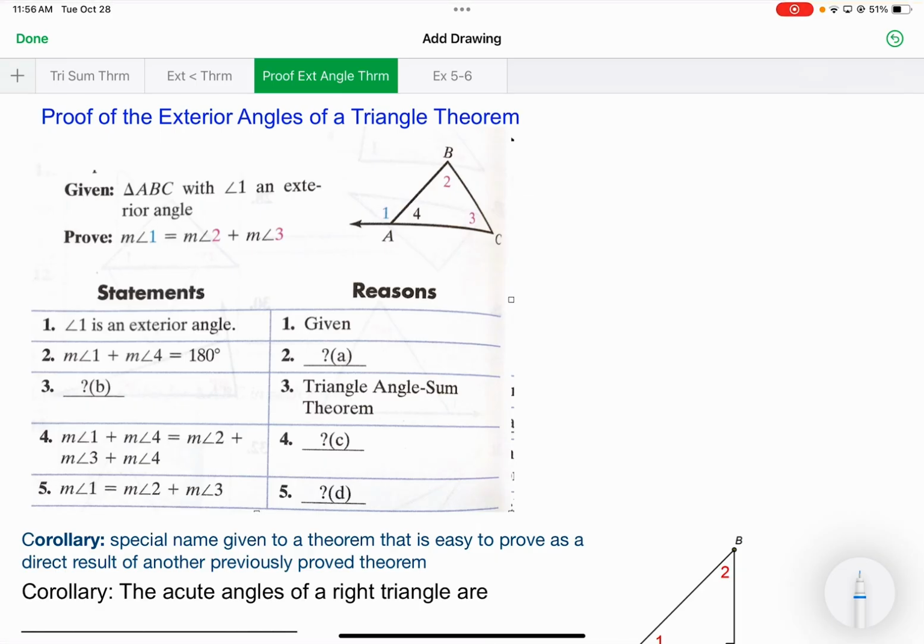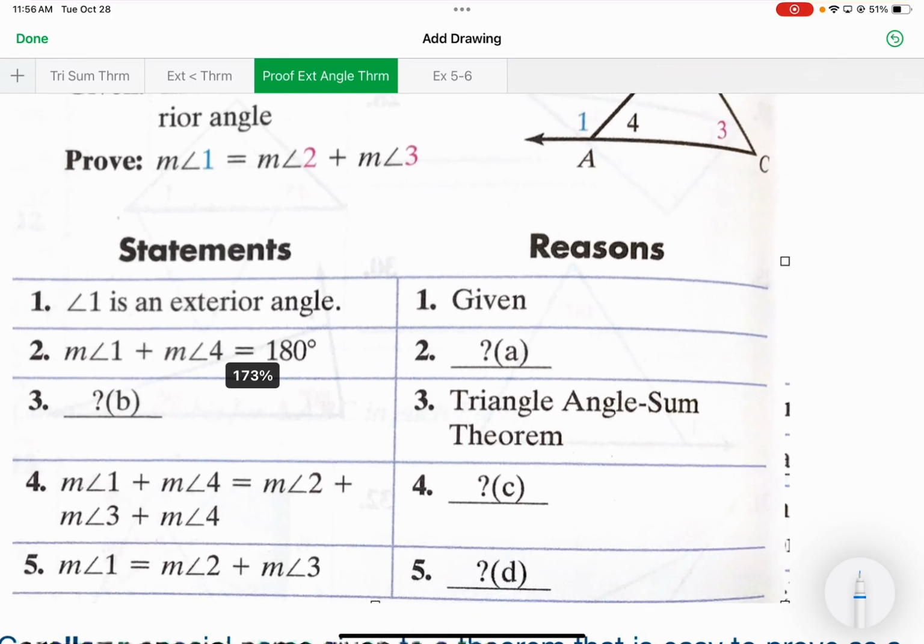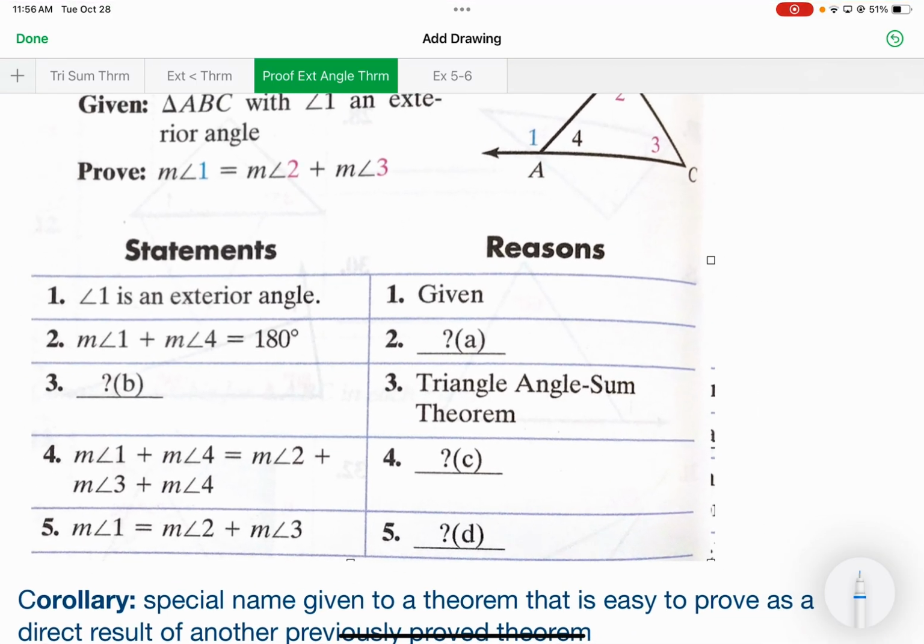All right, so given triangle ABC with angle 1 being an exterior angle, we want to prove that the measure of angle 1, our exterior angle, equals the measure of angle 2 plus the measure of angle 3. Let's do it. They took care of the fun part for us. Angle 1 is an exterior angle, that is given.